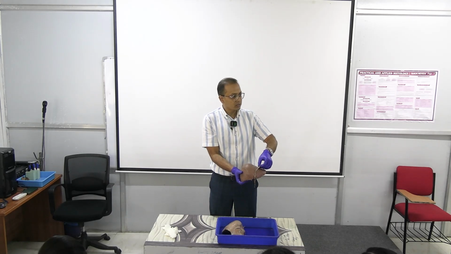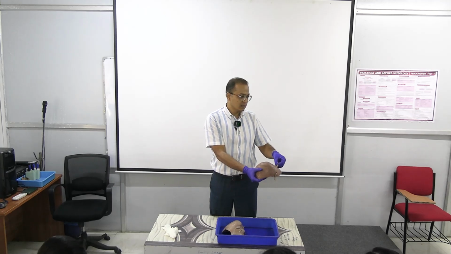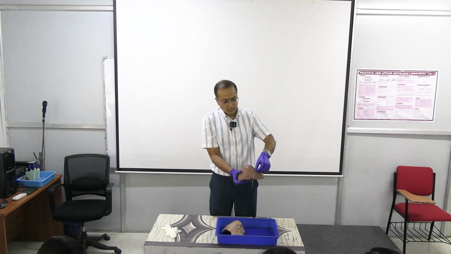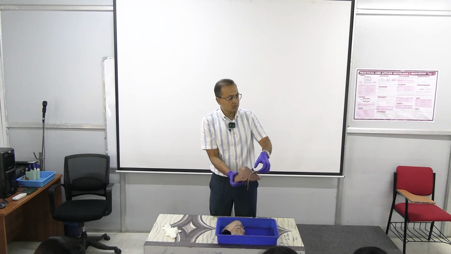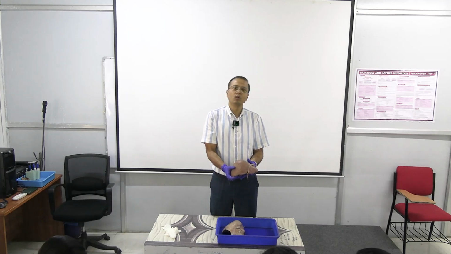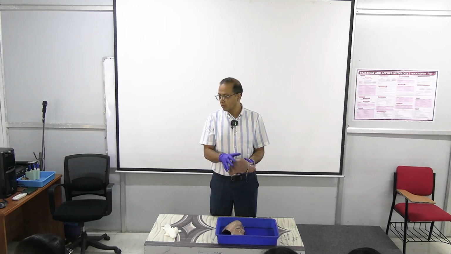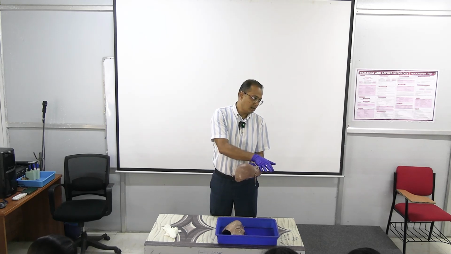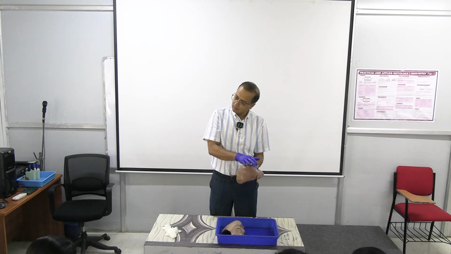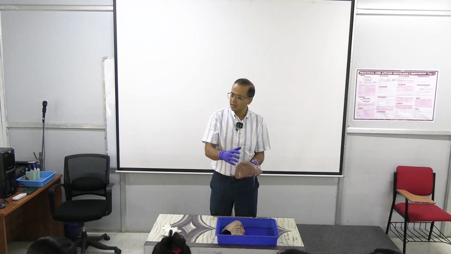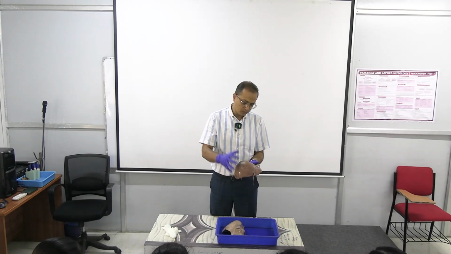This ligament which I am holding is the falciform ligament. It runs into the substance of the liver and splits it into two unequal lobes, the larger right lobe and the smaller left lobe.